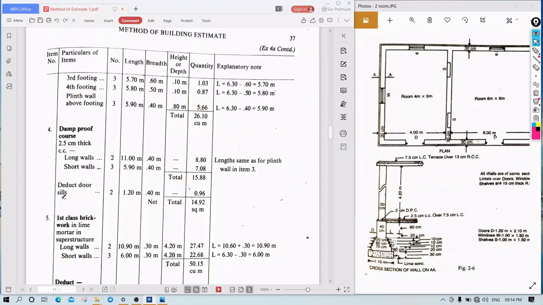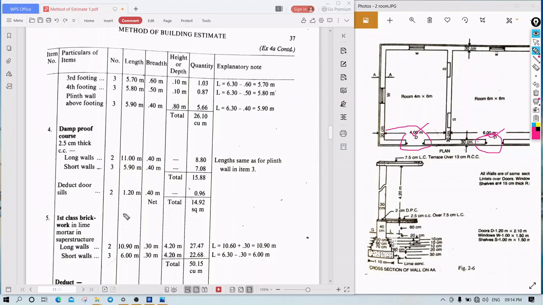Okay, what they have done. So damp proof course, the total is 15.88. But here in the diagram, see here, we need not provide it at the doors. Okay, we need to install the door sill, so we are deducting the DPC, we are not putting the DPC there.